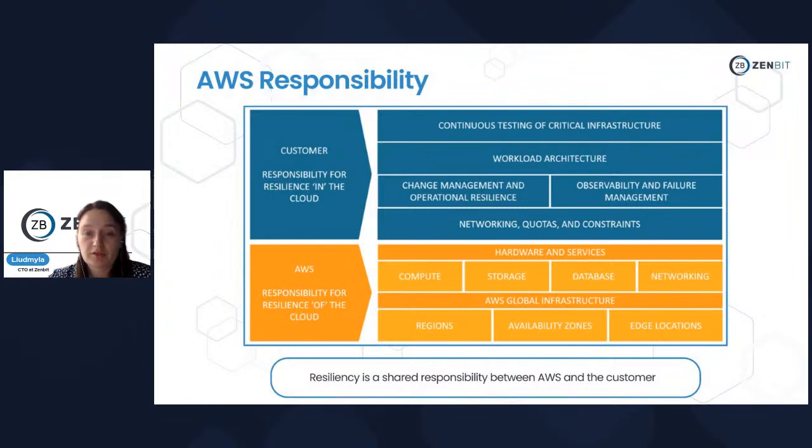As you see, hardware and services like compute, storage, database, networking, and global infrastructure like region, availability zone, and edge location are on AWS. And such things as architecture, networking, quotas, and continuous testing of critical infrastructure fall on your shoulders.